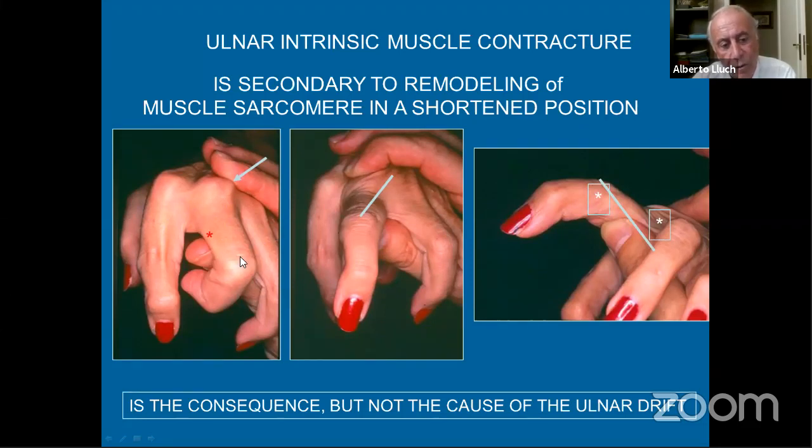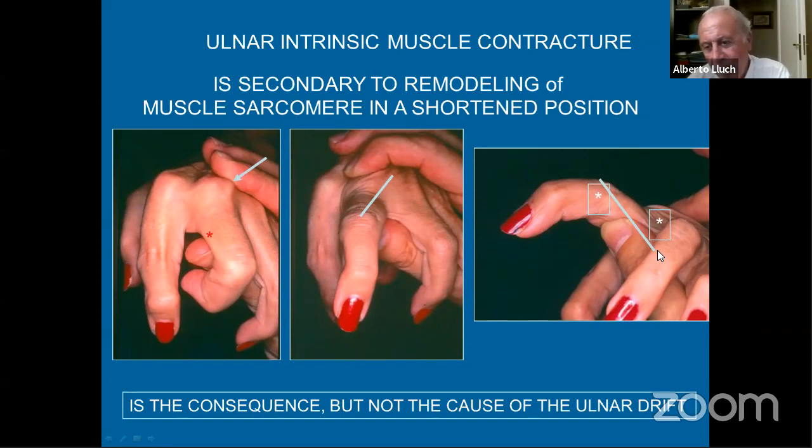So the way to test it is by putting the finger with the MP joint in extension, we pull on the intrinsic muscle, and then the patient in this position will not be able to flex the PIP joint because the intrinsic muscle prevents the PIP joint from being flexed.